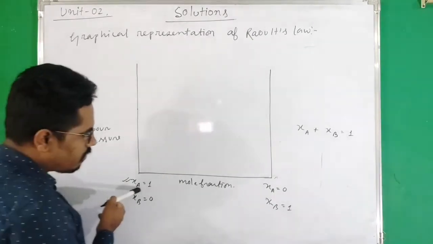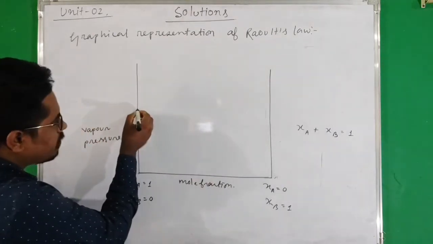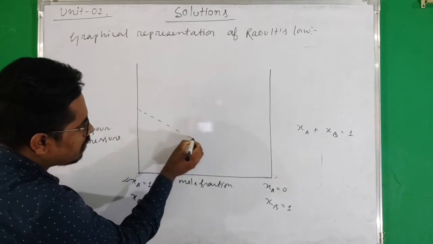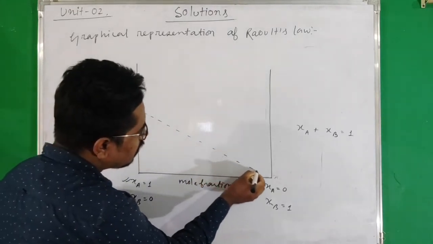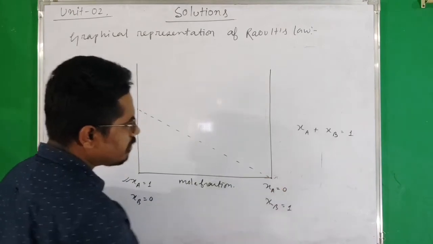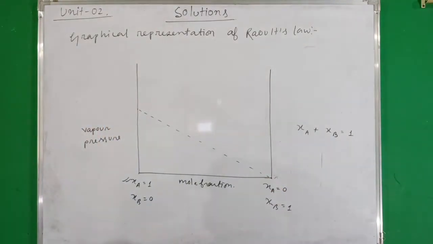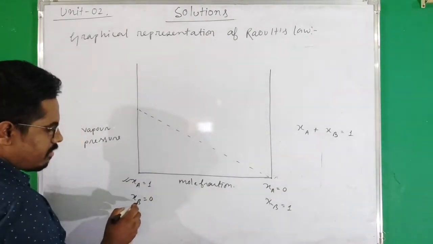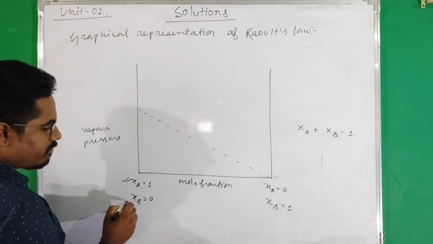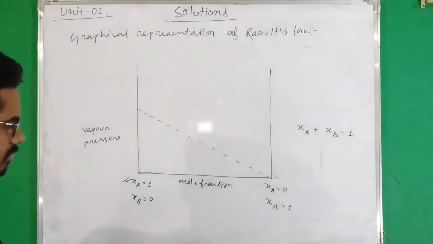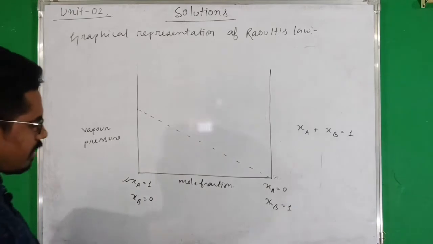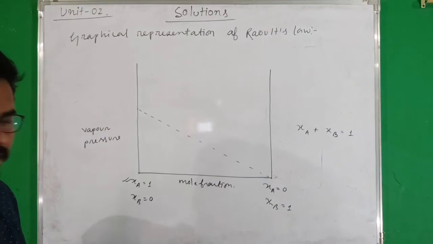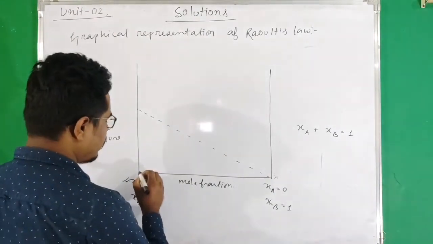Hence, as the mole fraction decreases, the vapor pressure will also decrease, and at this particular point the vapor pressure will become 0. At this particular point, the vapor pressure of B will be 0 since the mole fraction of B is 0. They are both directly proportional, and in this direction the mole fraction of A increases, therefore the vapor pressure will also increase.